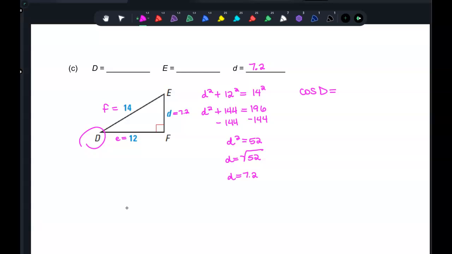So cosine of D would be adjacent over hypotenuse. This is adjacent, this is hypotenuse. So D is cosine inverse of 12 over 14.